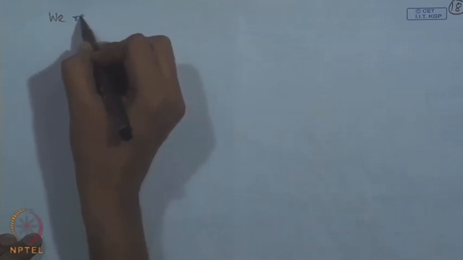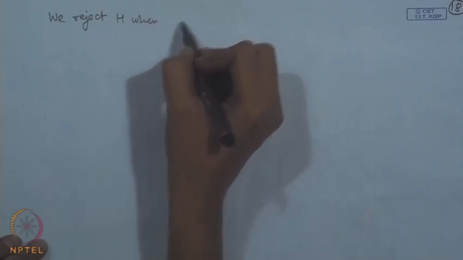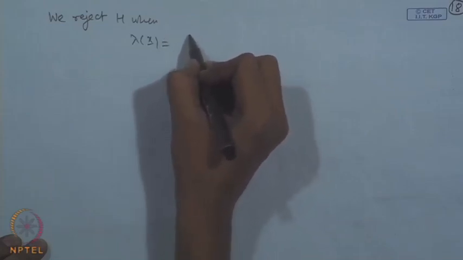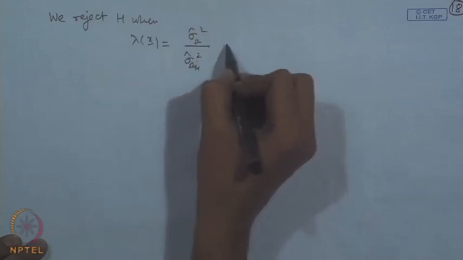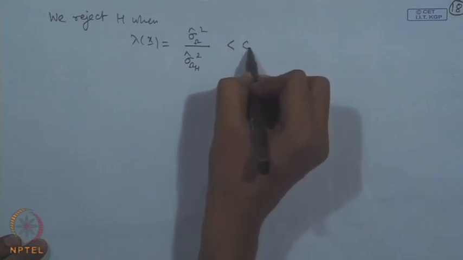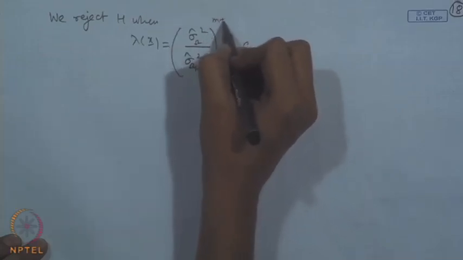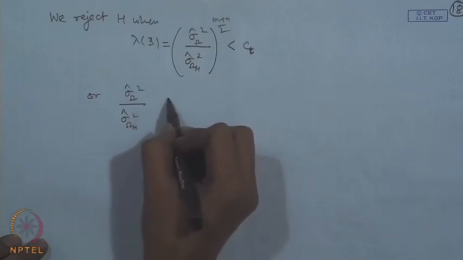Now, the rejection region: we reject H when lambda x, that is L hat omega h by L hat omega, that will become sigma omega head square by sigma omega h head square to the power m plus n by 2 less than some c, or we can say sigma omega head square by sigma omega h head square is less than c 1.